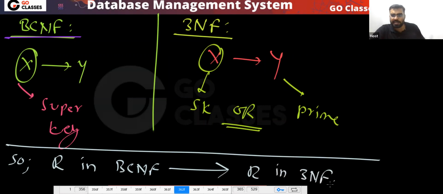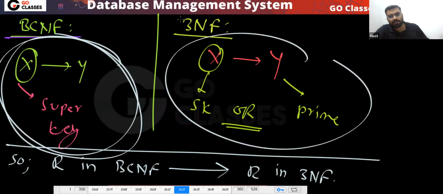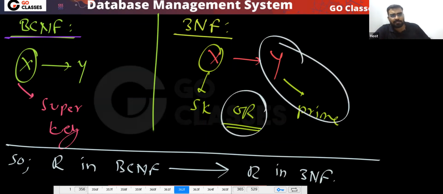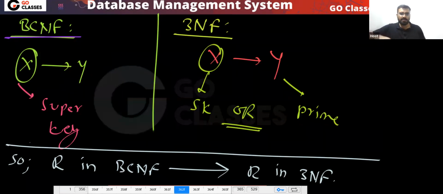If your relation has this, then automatically it has this also, because 3NF is saying that either this should be a super key or this should be prime. So if this happens, then 3NF is happy. Correct? So you can notice that if R is in BCNF, then R is in 3NF.